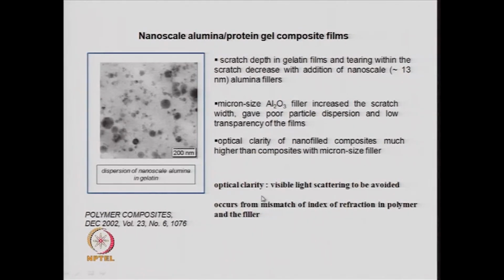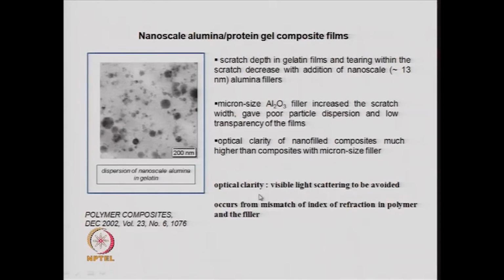Wherever the scattering is less, that will give you more optical clarity, and the scattering is basically when you have a mismatch of the refractive index in the polymer, which is gelatin, and in the filler, and the filler here is the alumina particles. So, when the refractive index mismatch is lower, then you will have more optical clarity.